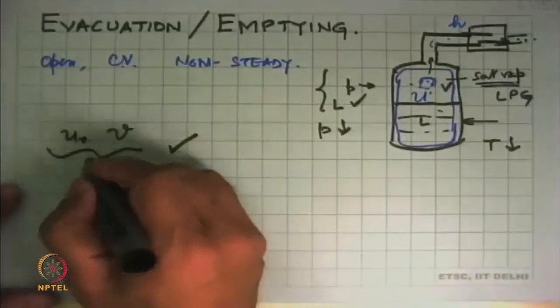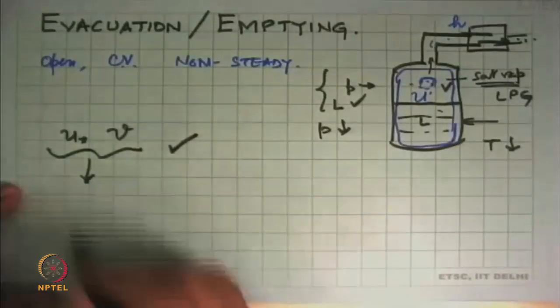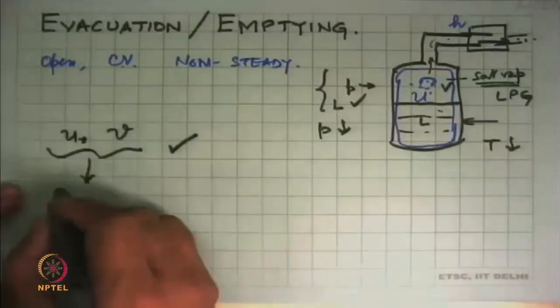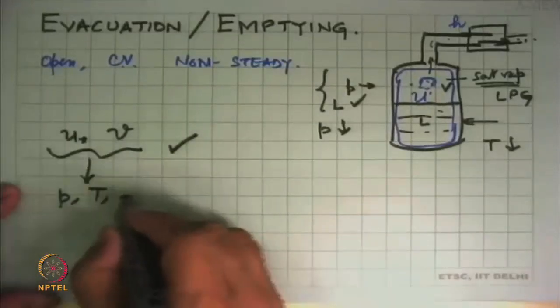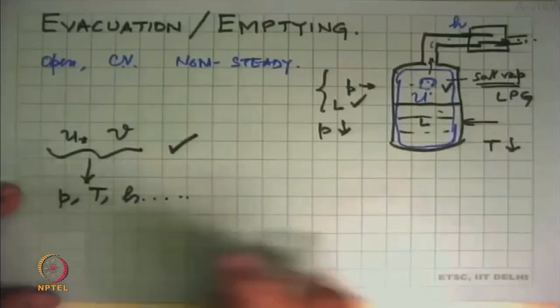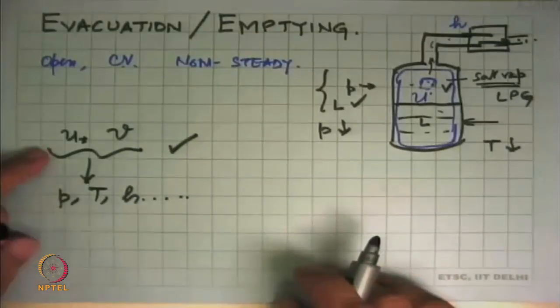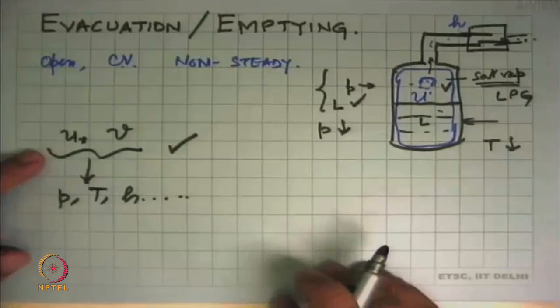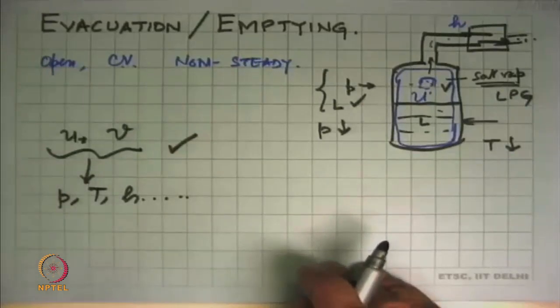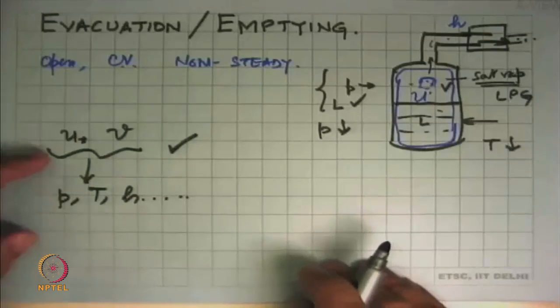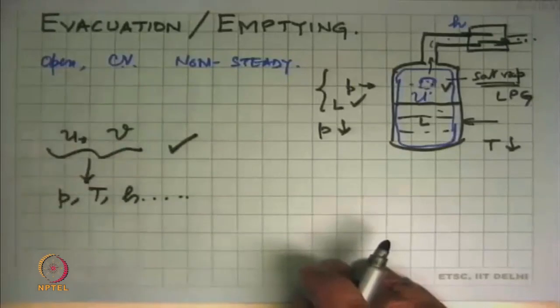But we do not have any nice property tables which tell you that if you know U and you know V, this is the way to calculate P, T, H and all the other properties. This is complicated, quite troublesome, and you have to, in some cases, do iteration, and even of the online programs that are there, very few, rarely, if any, give you the option that you specify U and V and it will tell you what the state is.